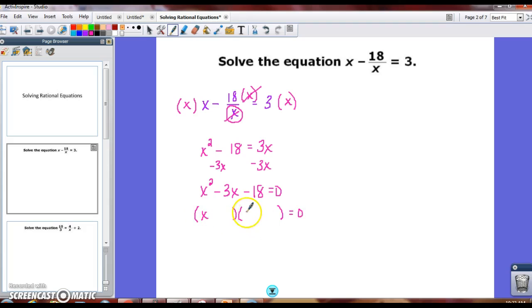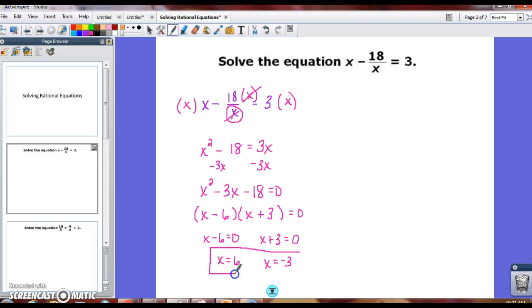So I need two numbers that add to negative 3 and multiply to negative 18. So I have x minus 6 and x plus 3. And then when I set each of those factors equal to 0, I get x equals 6 and I get x equals negative 3.